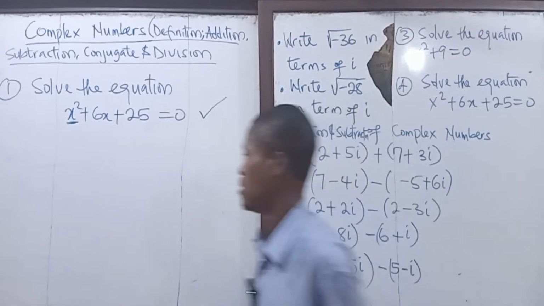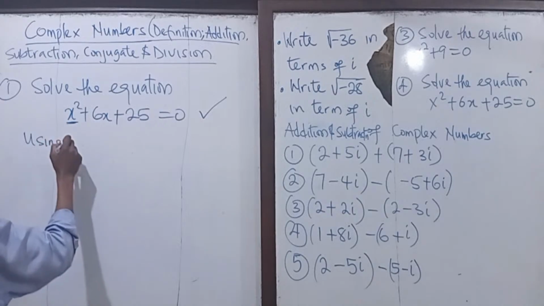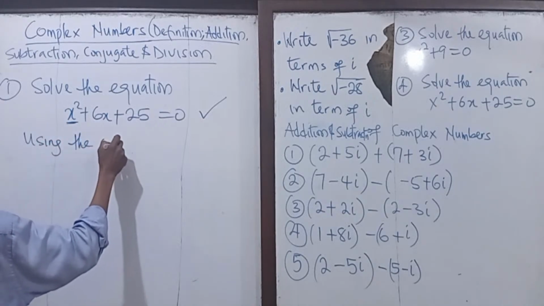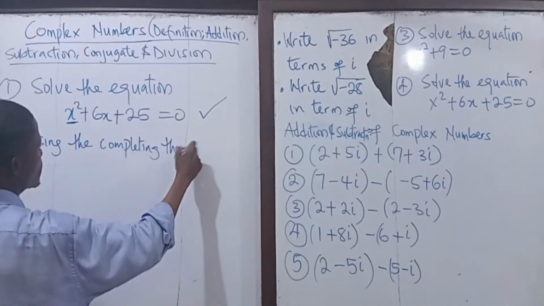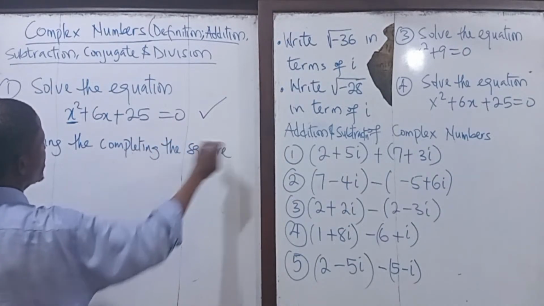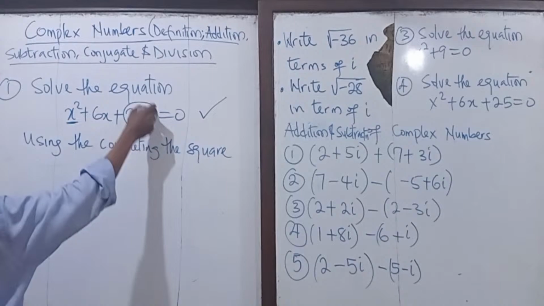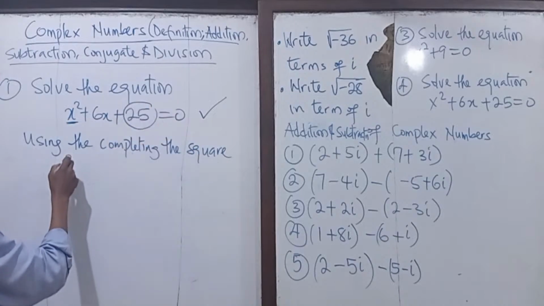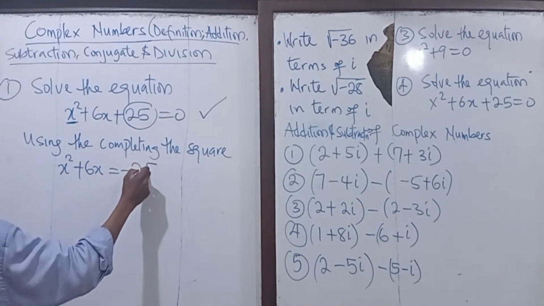I'm going to use the completing the square method. I'm going to move this constant to the other side, and that will be x squared plus 6x equal to minus 25.